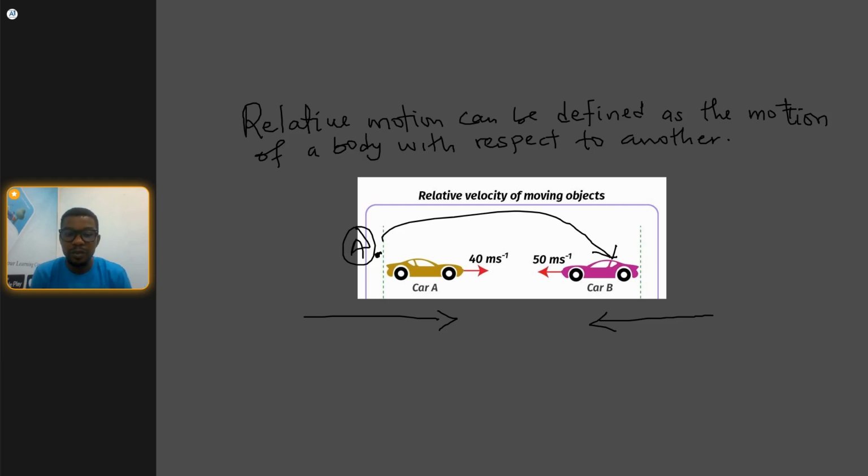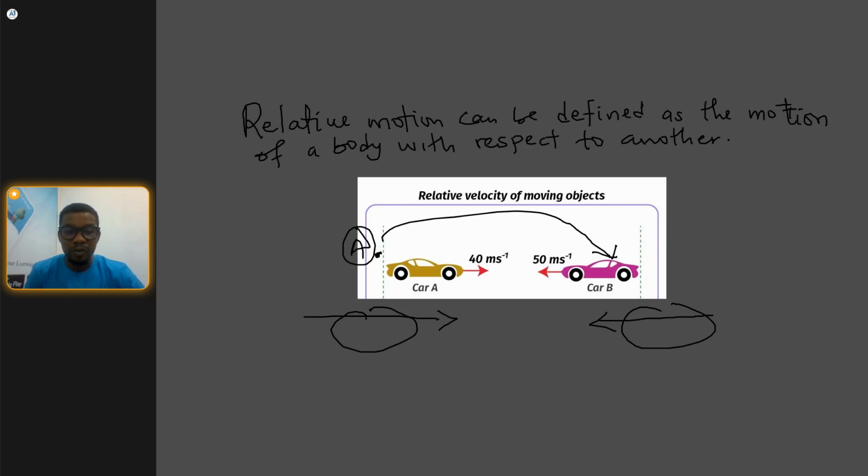So the relative motion that we are discussing has to do with two objects or two bodies in motion, and they are related together. It is defined as the motion of a body with respect to another body. In this diagram, we have car A representing a body and car B another body. Both of them are in motion.